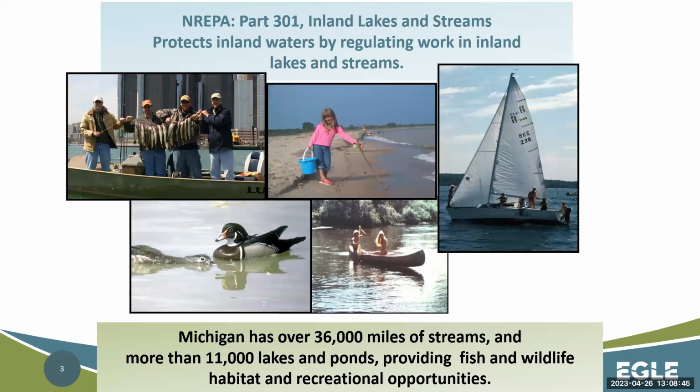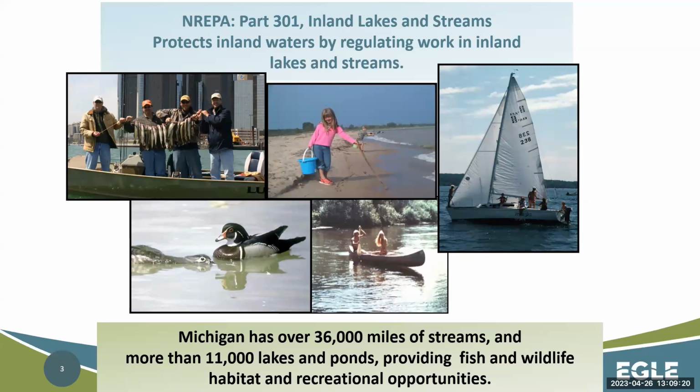So Part 301, Inland Lakes and Streams of Michigan's Natural Resources and Environmental Protection Act protects inland waters by regulating work in inland lakes and streams. Michigan has over 36,000 miles of streams and more than 11,000 lakes and ponds. And these all are providing fish and wildlife habitat and recreational opportunities. These natural resources are a large part of Michigan's economy and the reason that many people choose to live and vacation here.